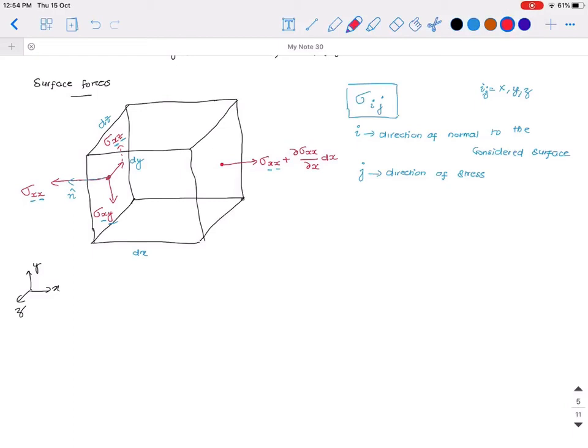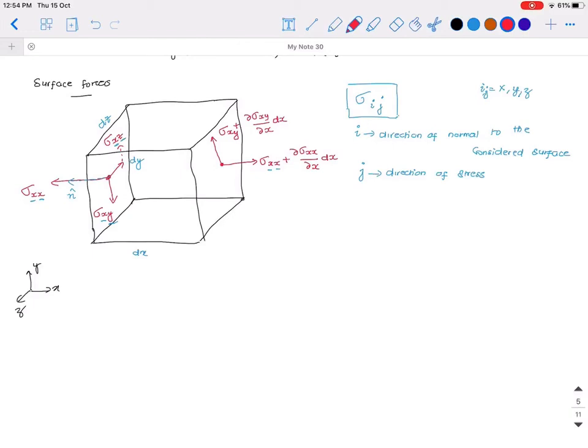Okay, now let's talk about y. So for sigma x, the direction of the normal is in x, but the direction of the force, or the stress itself, is in y. So sigma xy plus dou sigma xy by dou x dx.